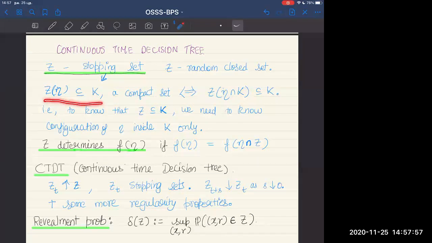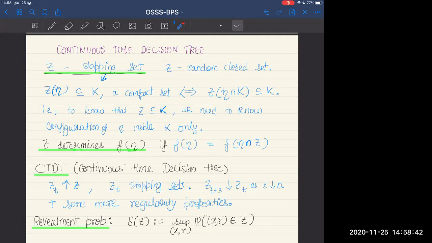So Z of eta belonging to a compact set K should be determined by the restriction of eta to K. That is, if I want to know whether Z is inside K, I should need to know only the configuration of eta inside K. By just looking at eta inside K, if Z is inside K, what you do outside K is irrelevant; Z will still be inside K. This is what a stopping set is.